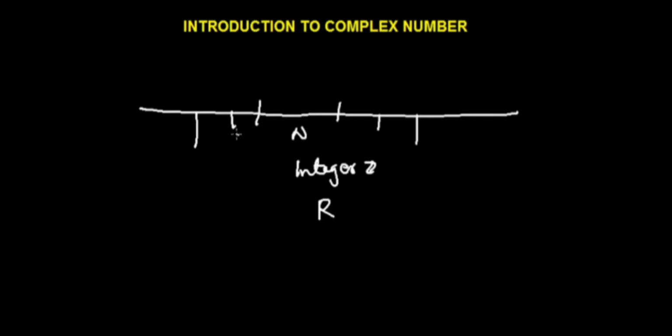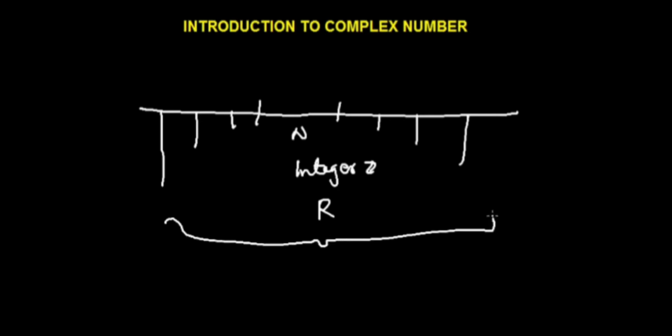Then we have the real numbers embracing everything. Now, more than all this, we still have an extension that goes on and on away from this place, and that is what we now call complex numbers.